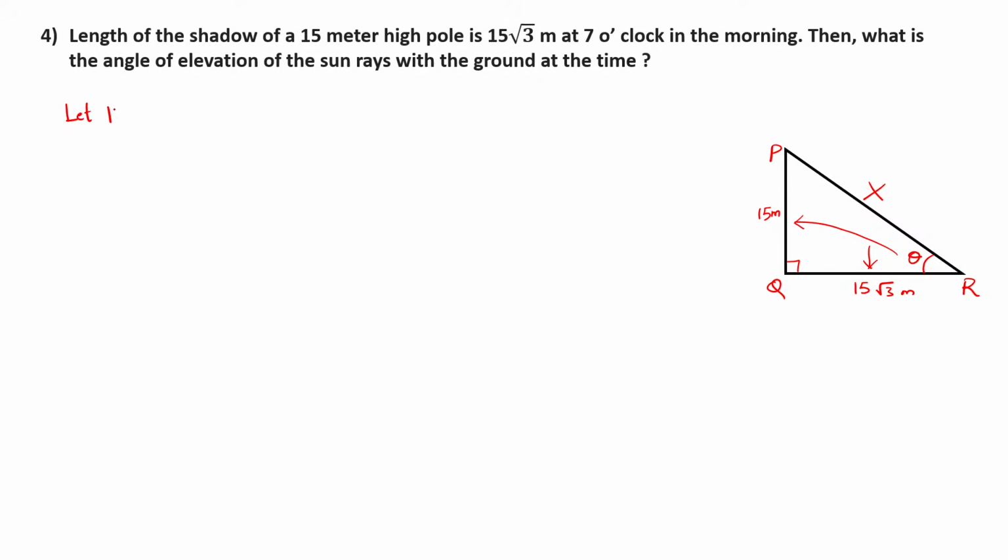Let PQ be the height of the pole, and QR be its shadow.